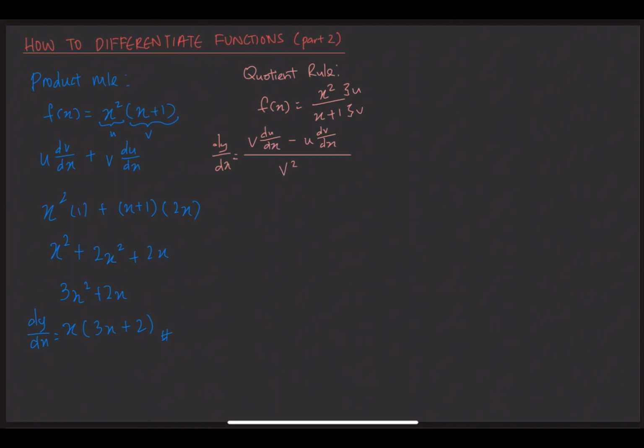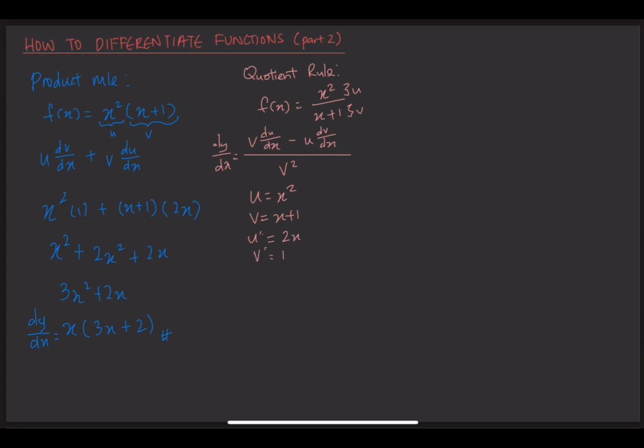Applying it to this question, how I like to solve using the quotient rule is to first list out u and v. So u equals x squared and v equals x plus 1. Then I list out their differentiated components: u prime is 2x, v prime equals 1.